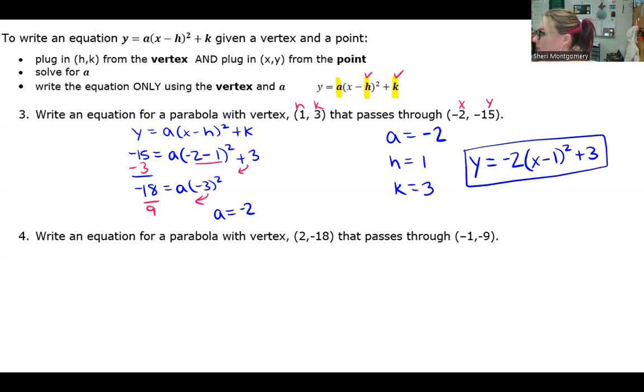Any questions on this number 3? All right, I want you to try number 4 on your own. It's the same steps. I'm going to copy this. Give you a couple minutes.